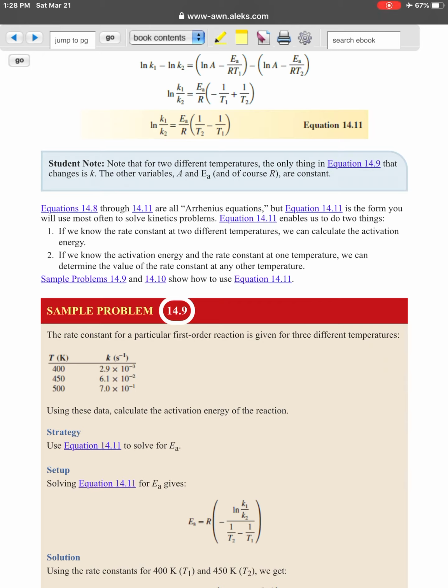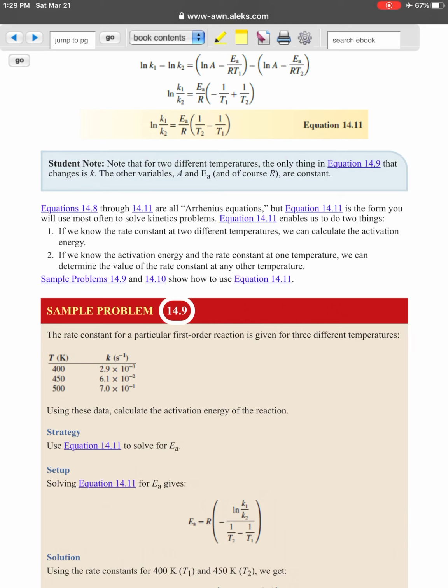Equation 14.11 enables us to do two things. One, if we know the rate constant at two different temperatures, we can calculate the activation energy. Two, if we know the activation energy and the rate constant at one temperature, we can determine the value of the rate constant at any other temperature. Sample problems 14.9 and 14.10 show how to use equation 14.11.